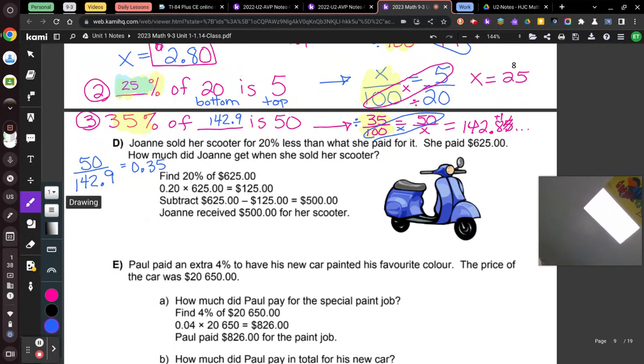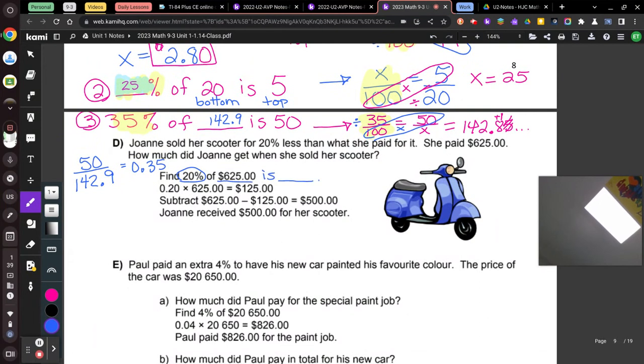Okay. Joanne sold her scooter for 20% less than she paid for it. It says she paid $625. How much did Joanne get when she sold her scooter? So we want 20% of this number is what?